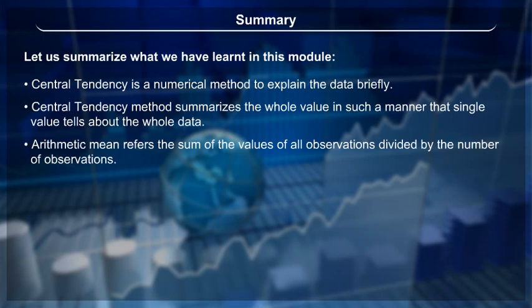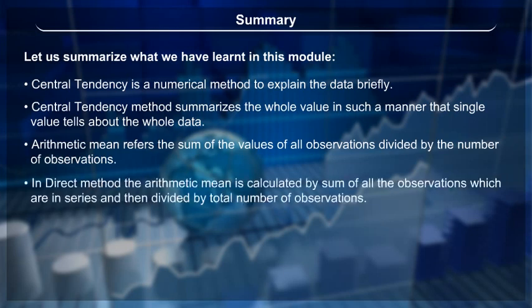Arithmetic mean refers the sum of the values of all observations divided by the number of observations. In direct method, the arithmetic mean is calculated by sum of all the observations which are in series and then divided by total number of observations.